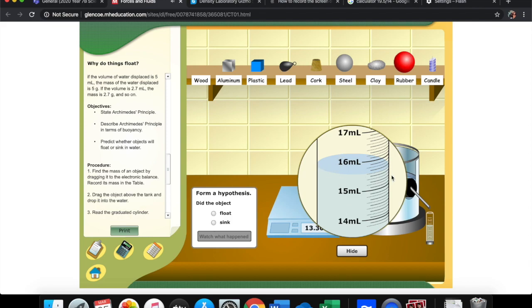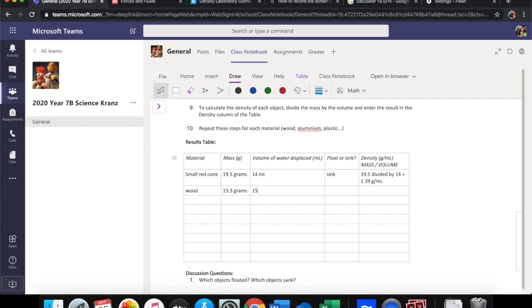Oh, okay, I dropped it in the water, and it's gone up to 15.6 milliliters. I'm going to guess that it will float, because it's wood, frankly.